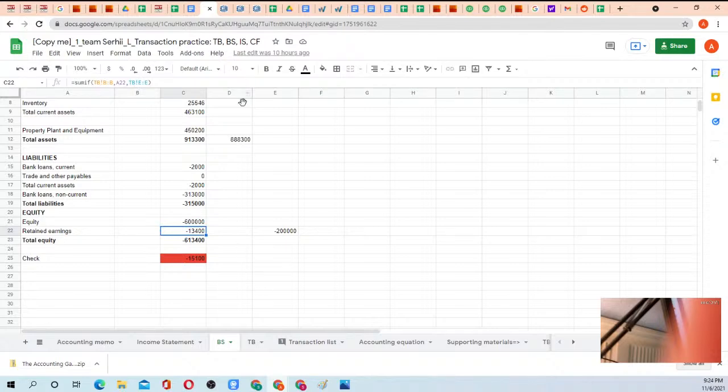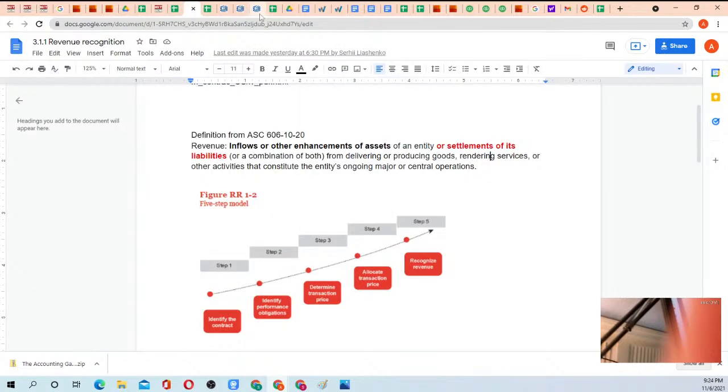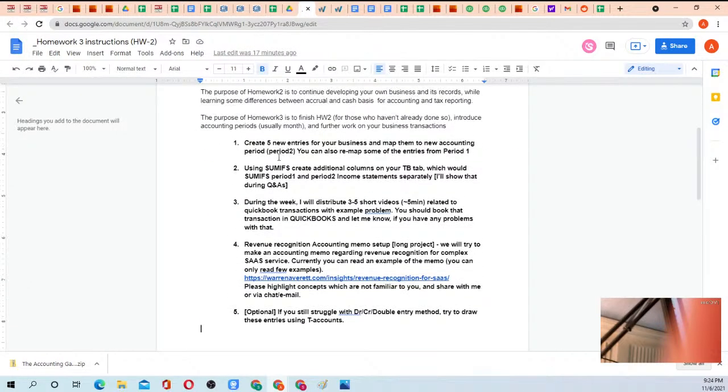Okay, so let's go back to the homework. Create 5 entries for your business and map them to a new accounting period, period 2. You can also remap some of the entries from period 1. Let's see what we have here.